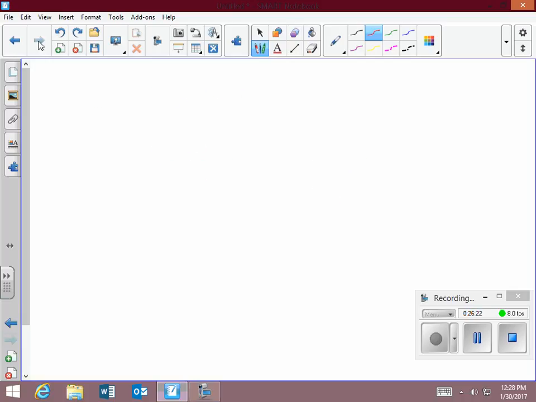Okay. On page 71. Now, it says make 6 copies of the following triangle and show how they can be used to create a tessellation.